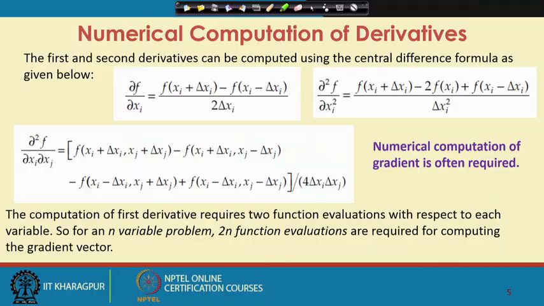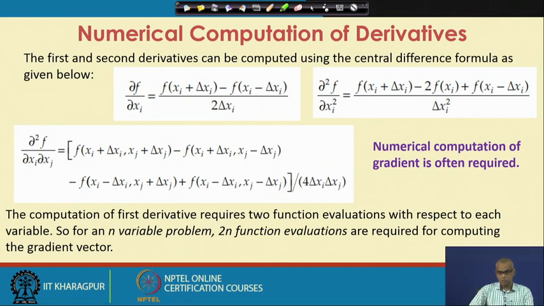The slide shows you how you can compute first partial derivatives as well as second partial derivatives of a function using the central difference formula. There are several other formulas also to compute these first and second partial derivatives numerically. What is shown here is the central difference formula.